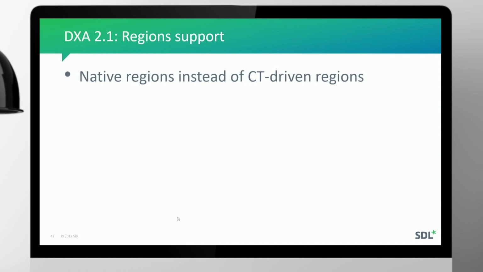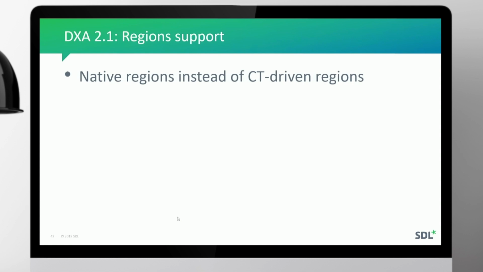These are special component templates that have some view region name in the title, and then some metadata in the component template itself. This has been a workaround due to the lack of native regions in the content manager. So now we have a better native implementation of the regions. So obviously we updated DXA 2.1 to benefit from these native regions.